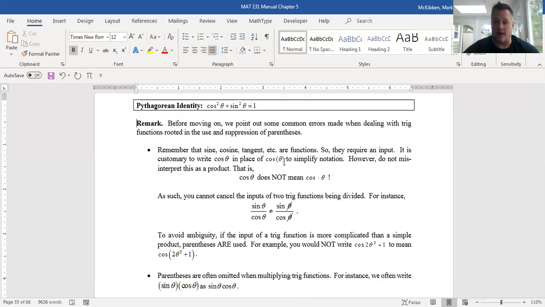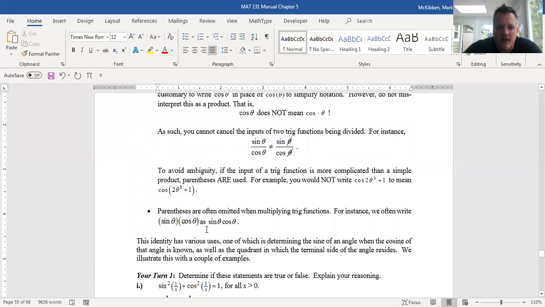You're not multiplying them. This is not cosine times theta, so you can't do that. It's the cosine of theta. And furthermore, when we look at a quotient like this, you can't just cancel the thetas. These aren't products. These are functions. So it's sine of theta and cosine of theta in the top and bottom. Just a couple things to be aware of.